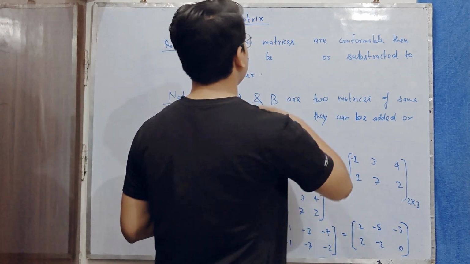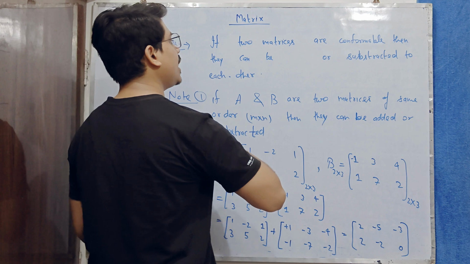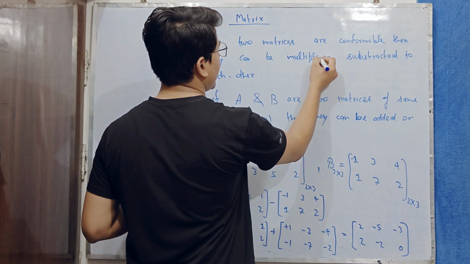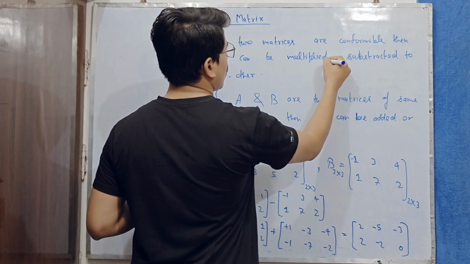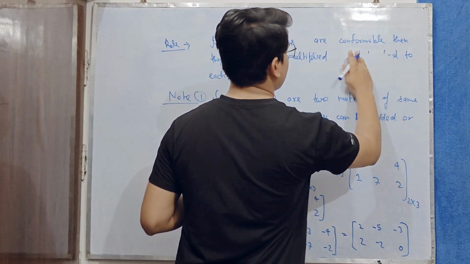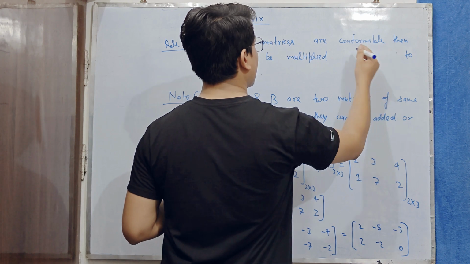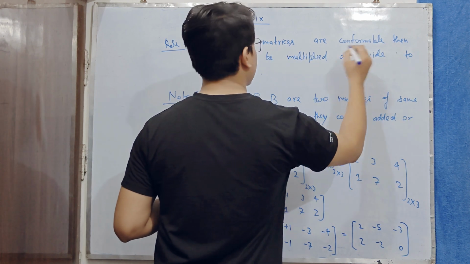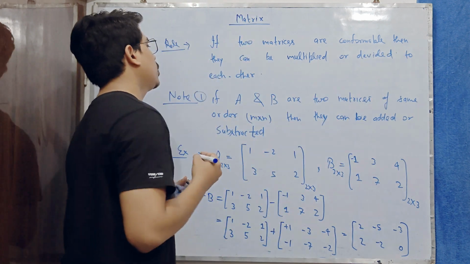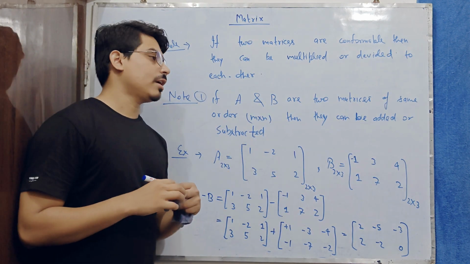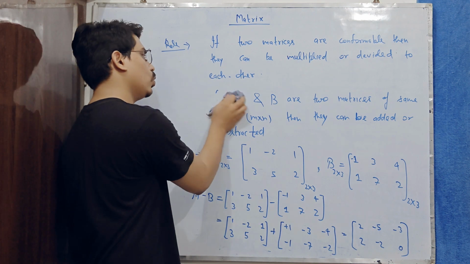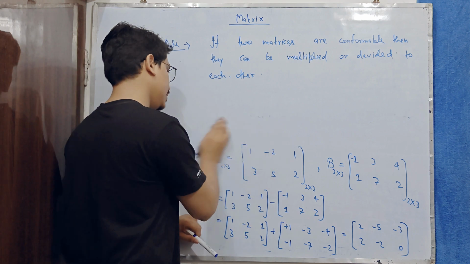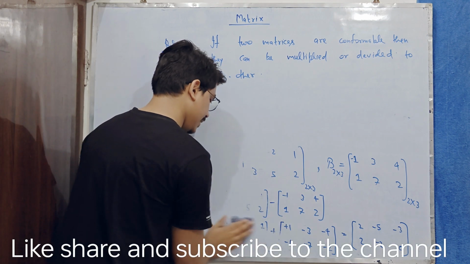I write: if two matrices are conformable, they can be multiplied or divided to each other. Now what is the condition when two matrices are conformable to multiply to each other? Let's see.